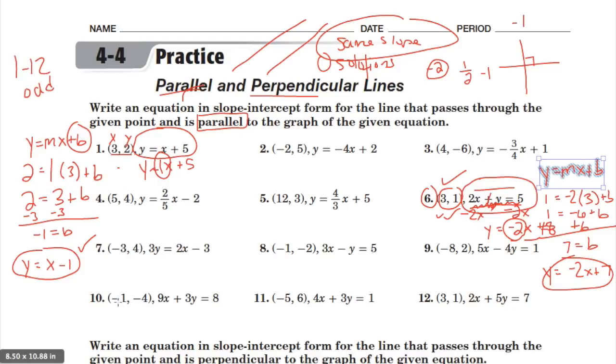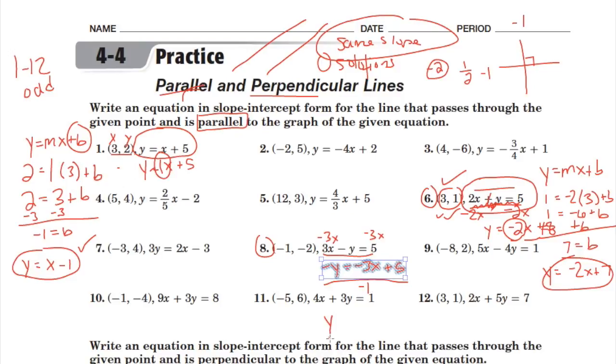Okay, so let's look at number 8. Number 8 is also in standard form, so I'm going to subtract 3x from both sides to get the x on the other side. So we have -y equals -3x plus 5. I don't like the -y, so I'm going to divide everything by -1.